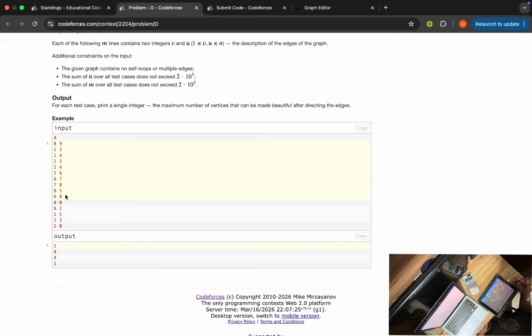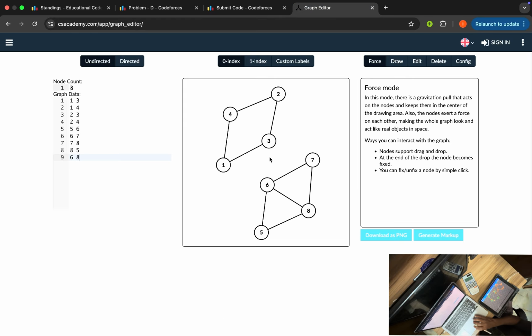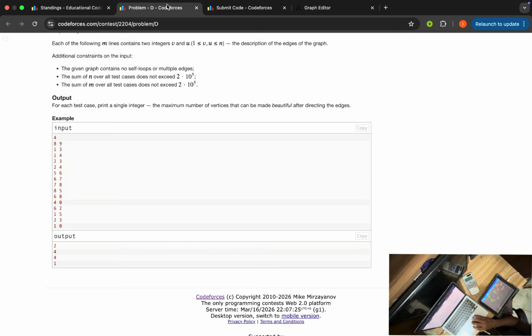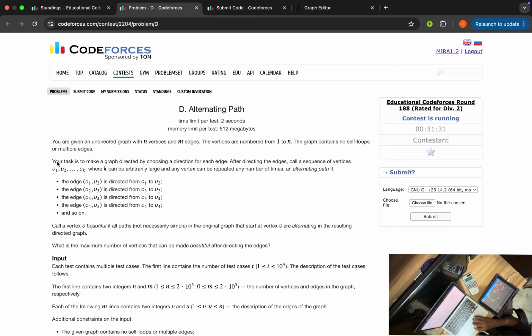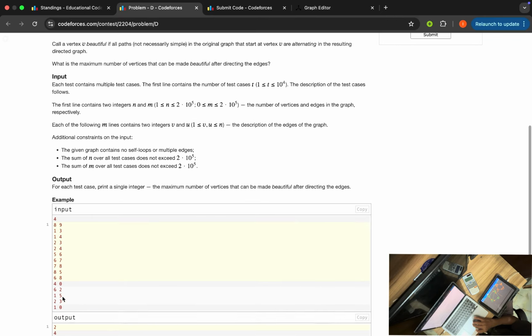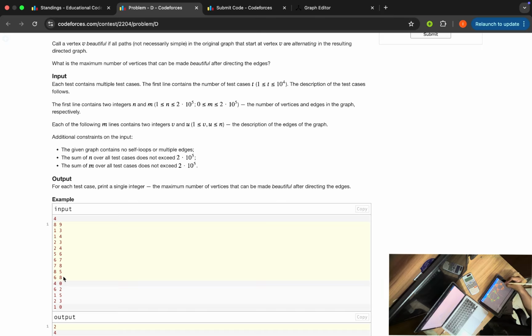So if any vertex has more than... it's self loop and multiple edges, it doesn't have multi edges. Okay, I think it meant something else. If any vertex has more than 2, not possible.